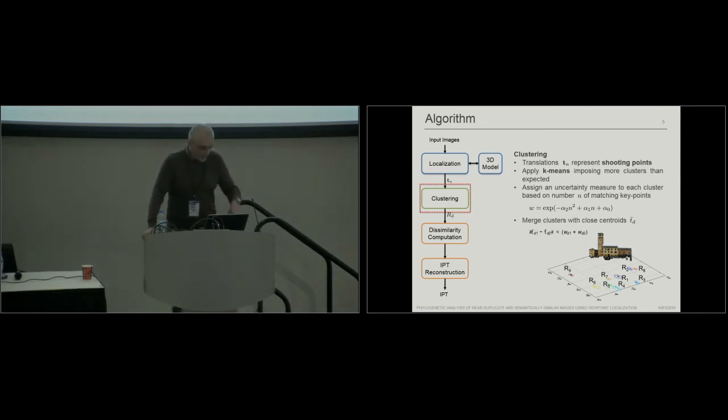To this purpose, we use a k-means approach, considering at first a number of clusters significantly larger than what we normally expect, and after this first step of the k-means selection, we assign an uncertainty to each cluster based on the number of common matched key points present in the images belonging to each cluster.